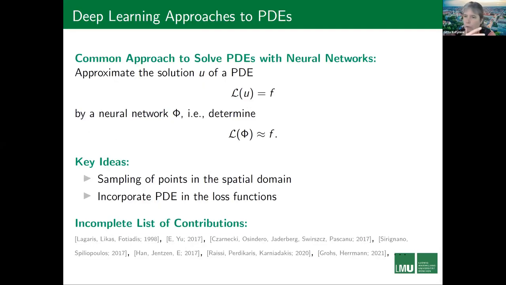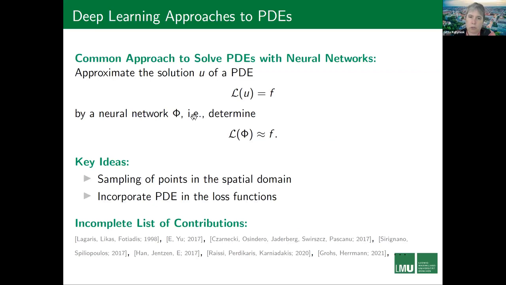And so, one very common approach, which you also saw just 1 hour ago, is if you have a partial differential equation, you have the differential operator, you have the right-hand side, then what people do is, solving means computing the solution. So you approximate the solution by the neural network.